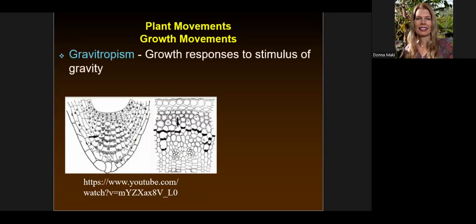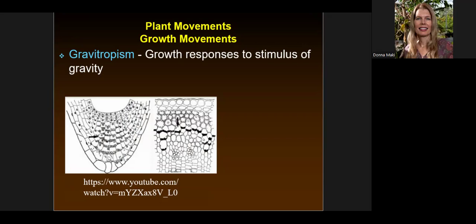Now let's go into the soil where there isn't sunlight, but there's gravity. If you are a plant, you have an issue here because your stem has to do what we call negative gravitropism.